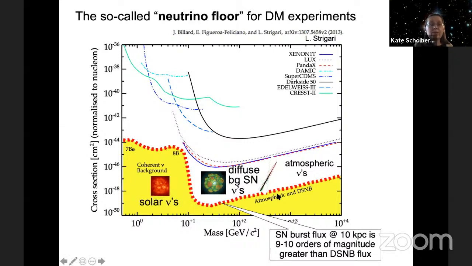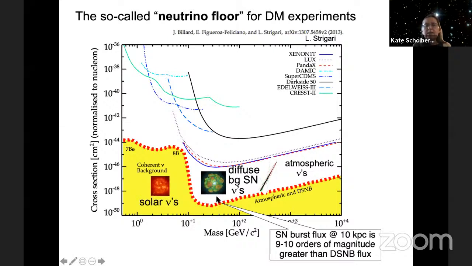And that's a problem for dark matter detectors, but you can think of it as an opportunity for neutrino detection, because if you're in this range here, if you have a burst supernova, this flux here, so this floor is set by the diffuse background supernova neutrinos that you heard about at the very end of Professor Digay's talk. These are the leftover supernova neutrinos that are infusing the universe and that create a background in this parameter space region for WIMPs.